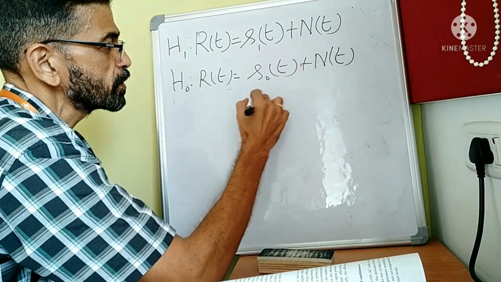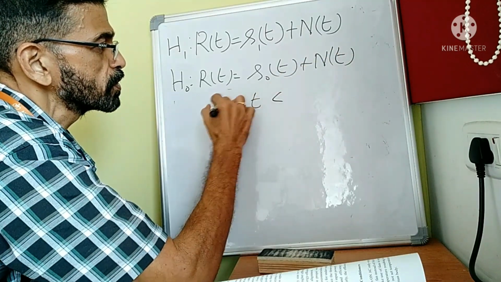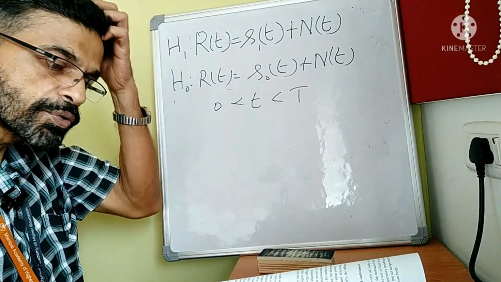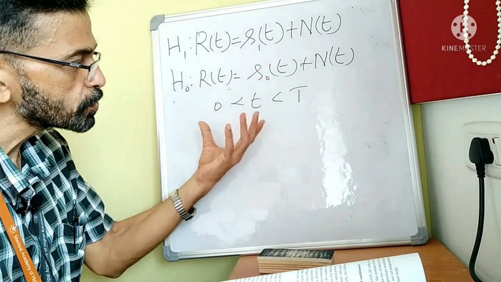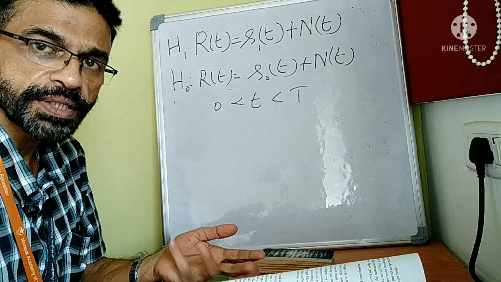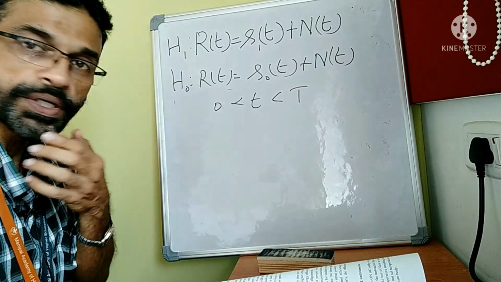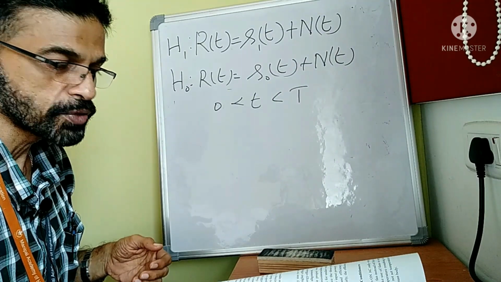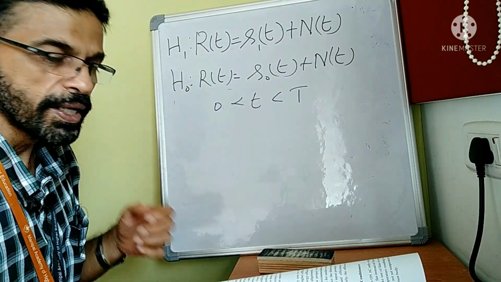Keep in mind that the observation interval is this. So this is the duration of S1 and S0, and this is the duration in which the receiver has to observe the signal and take a decision as to whether H1 or H0 was the true hypothesis.